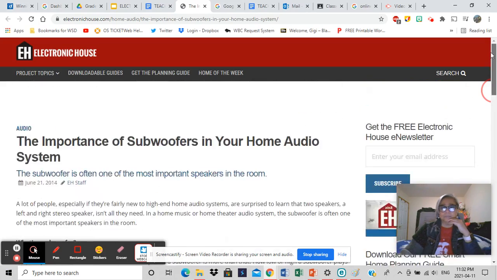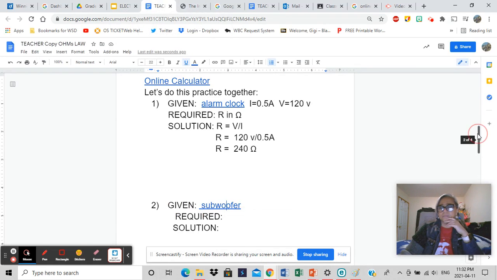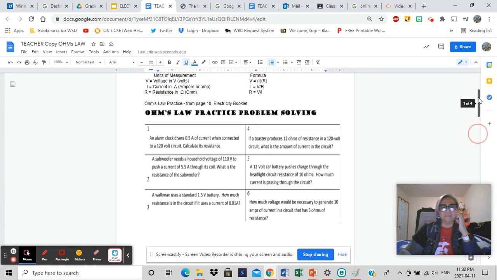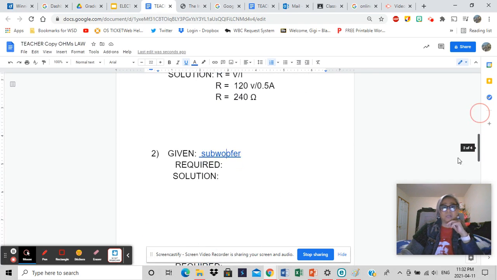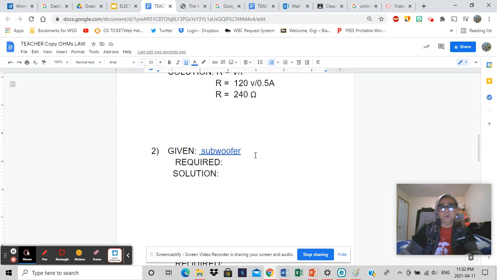So in the second problem, it says here, a subwoofer needs a household voltage of 110 volts. So 110 volts, that's part of the given. Voltage is given here as 110.